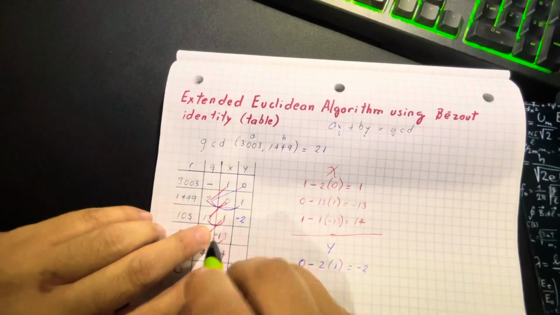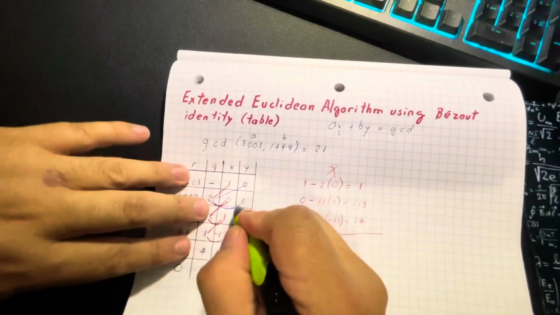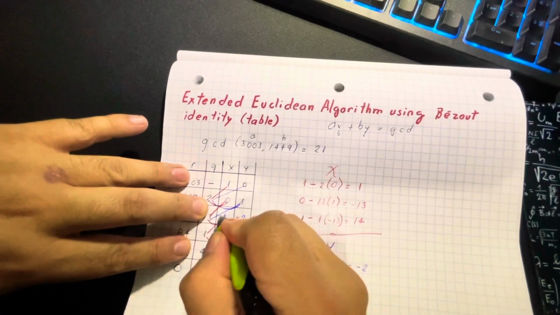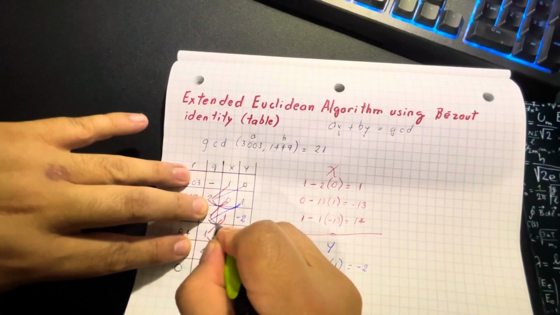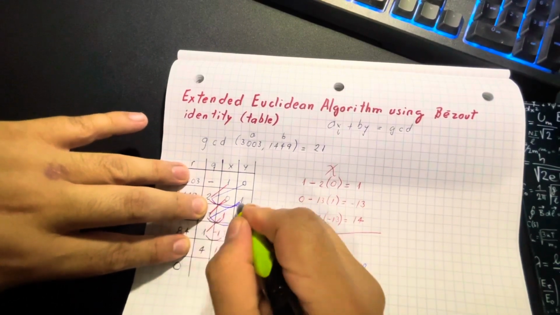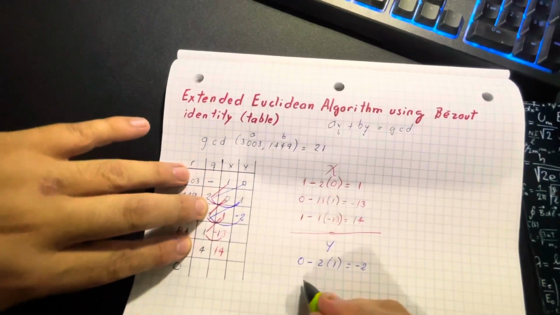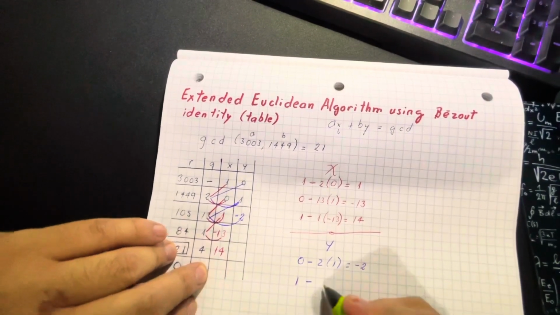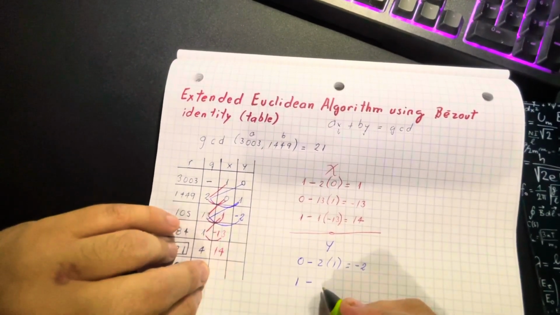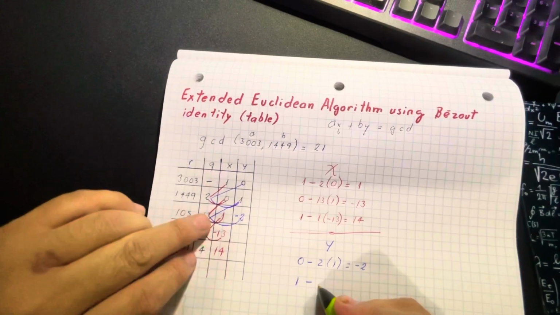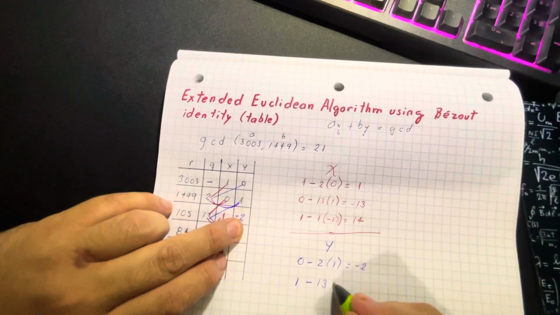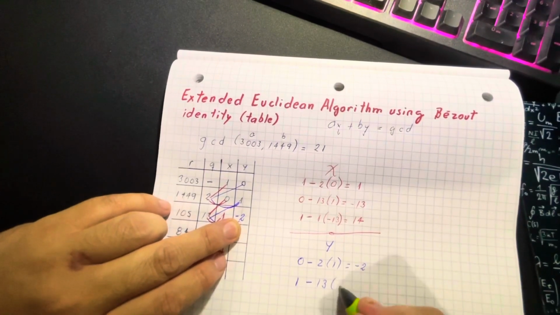And you do the same process with the next number, you see? I'm using the blue so you don't get confused. Multiplication of these two, and you subtract from 1. So it's going to be 1 minus 13 that multiplies minus 2.